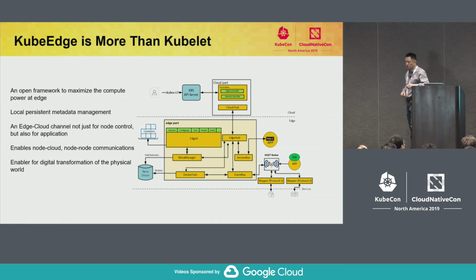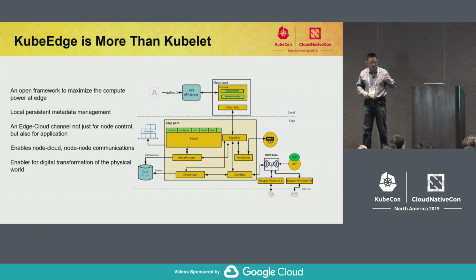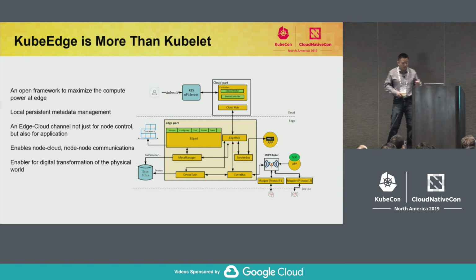If you look at the code, it is actually taking the kubelet code, getting rid of the parts we don't need, and plugging in our code to make it work. On top of that, we build local persistency for reliability. We build an edge-cloud communication channel for management and for the application data bus. We build device twins and device modeling for connectivity and device management and so on. So it is more than just a client.